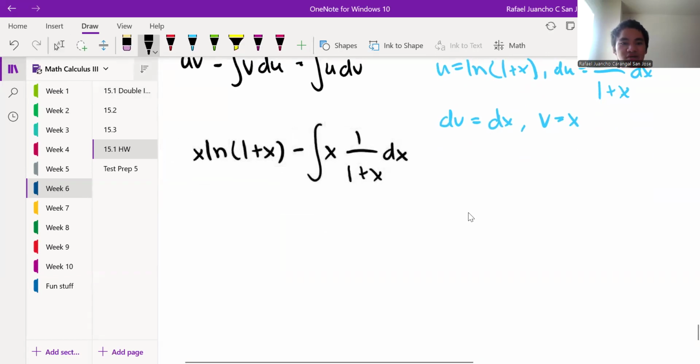And then from there, I just evaluate. So here I would get, what in the world do I get here? I have to evaluate this integral here, and this one too. I do it from 0 to 8.